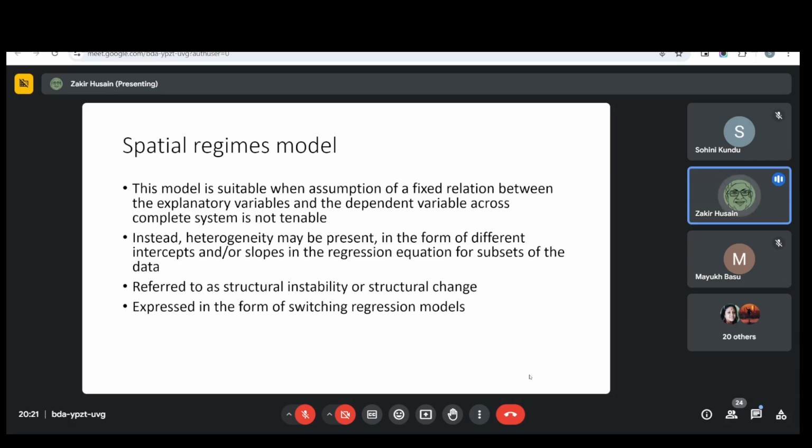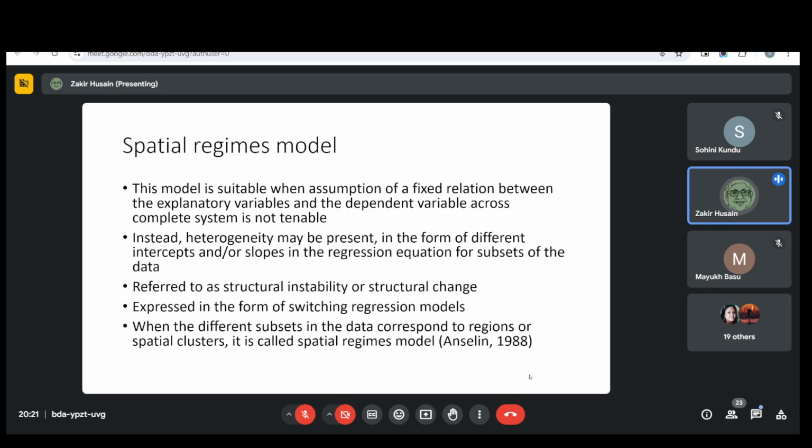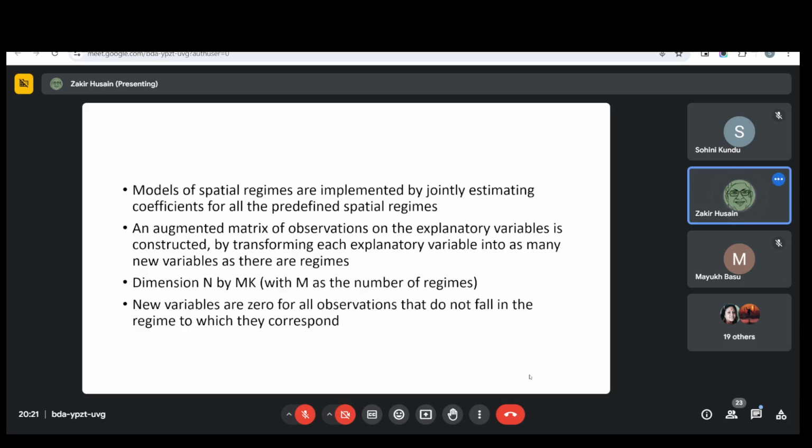In terms of the regression model, it is expressed in the form of what we call switching regression models. So we have different regression models for each cluster. Basically, instead of time, we had clusters based on time periods. In the spatial context, we have location, a cluster of regions located in the same neighborhood. That is the only difference between a spatial regime model and the time series model, which we had looked at earlier.